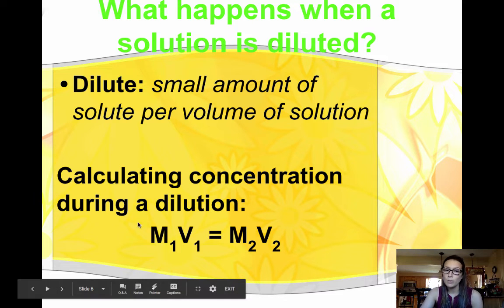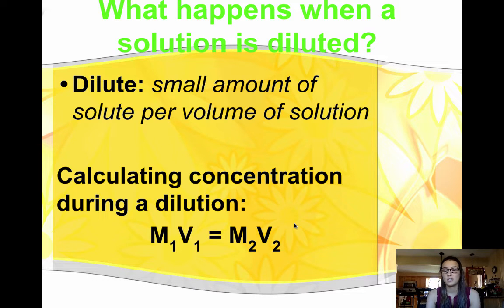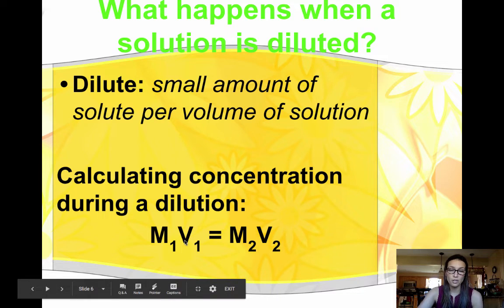Now this might be one of the most important calculations in the solutions unit. When you are calculating concentration during a dilution, you're going to use M1V1 equals M2V2. Notice it's a capital M1, capital V1. That is molarity and volume of the first scenario equals molarity and volume of the second scenario.